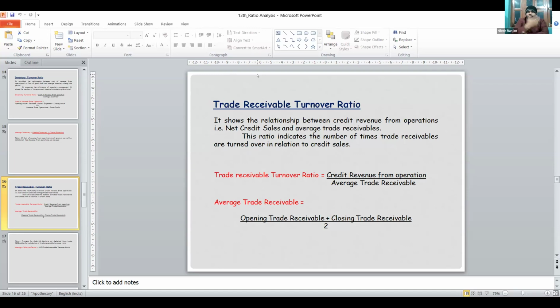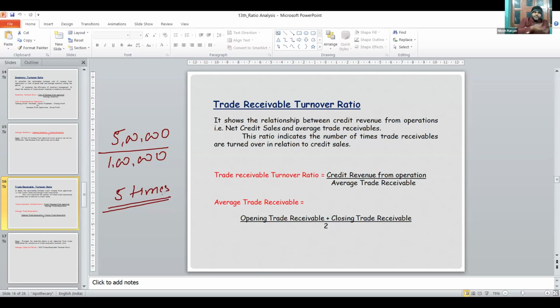The formula of trade receivable turnover ratio is credit revenue from operation divided by average trade receivable. Let's say we have sold goods on credit during the year 5 lakh, and the average trade receivable is 1 lakh. So it means 5 times.